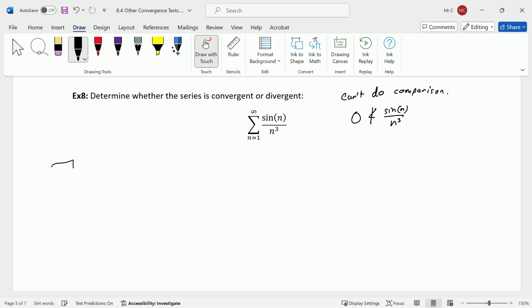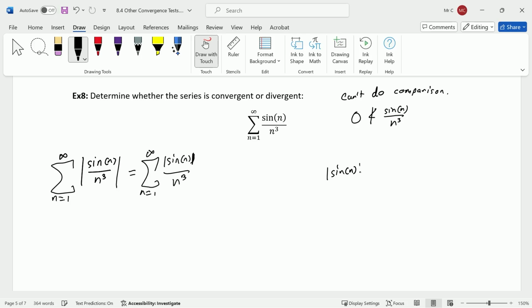Well, in this case, I can instead consider the sum from n equals 1 to infinity of the absolute value of sine of n over n cubed. And since n is positive, I can rewrite this as the sum from n equals 1 to infinity of the absolute value of sine of n over the normal old n cubed. Now, the absolute value of sine of n over n cubed must be positive, and sine is bounded by 1, so it's less than or equal to 1 over n cubed.